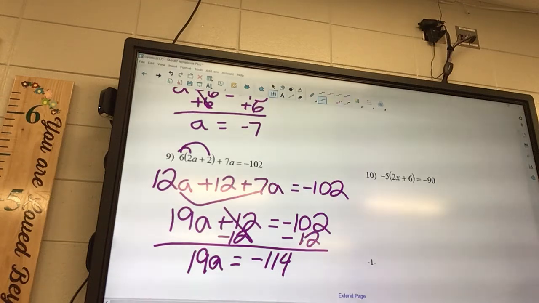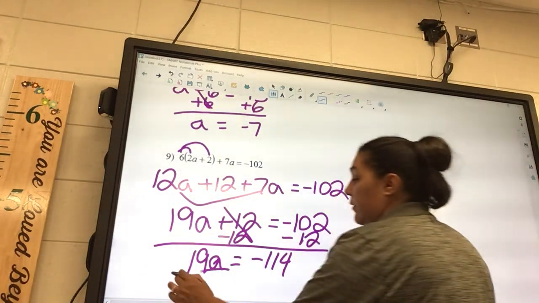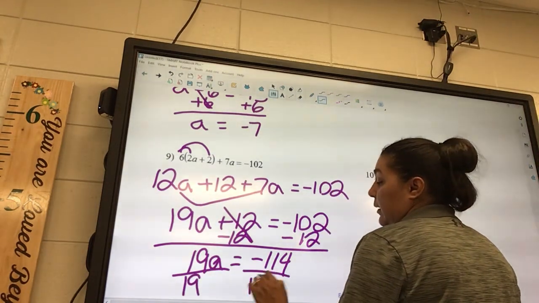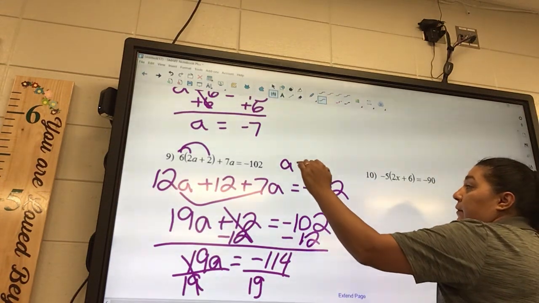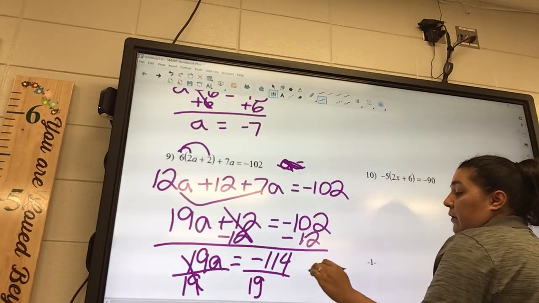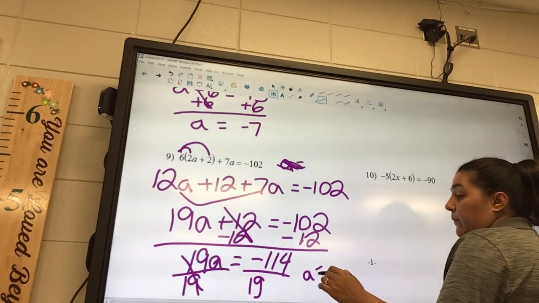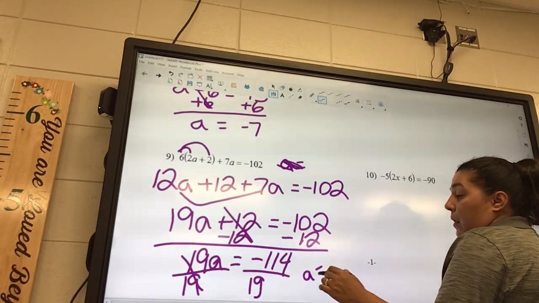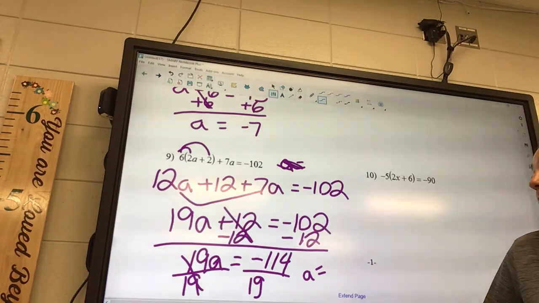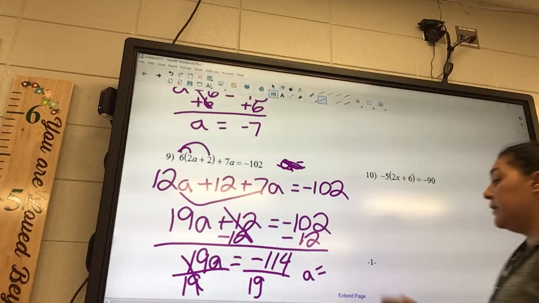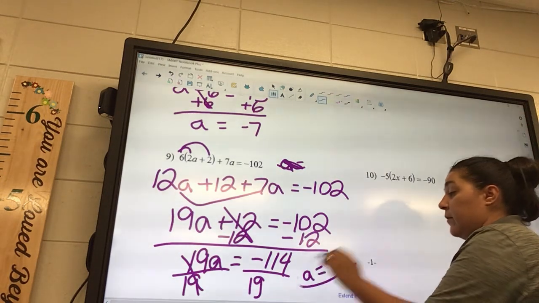Divide by 19. Negative 114 divided by 19. Negative 6. Somebody agree? Yeah.